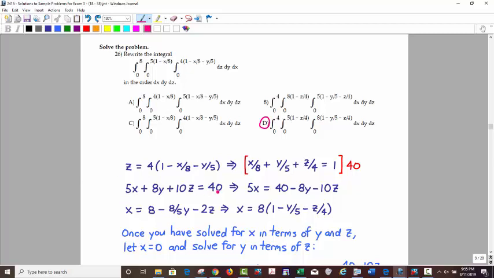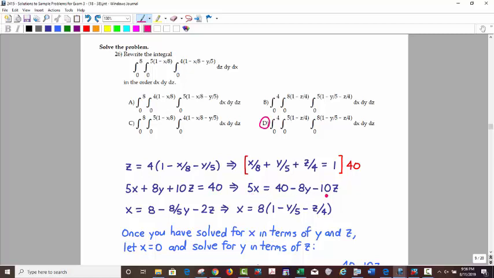Once we have that original equation of the plane, no problem, then we can come up with any of the other 5 orders, other than the first one that's already given. So let's see what it wants. It wants dx, dy, dz. That means we have to solve for x first. So we take this equation of the plane and solve it for x.